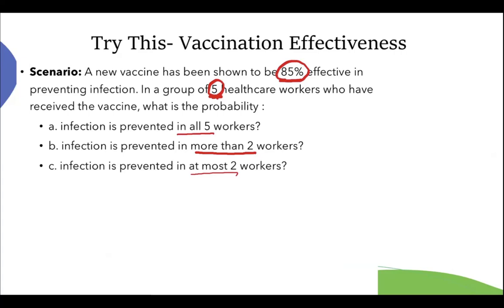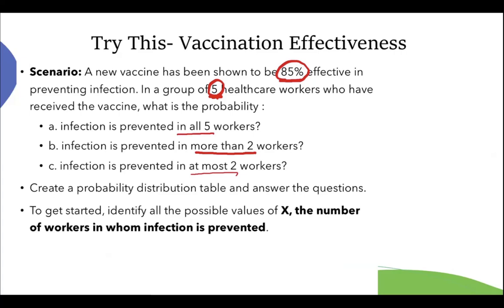First, let's identify all the possible values of x. X represents the number of workers in whom infection is prevented. Given the way the problem is phrased, you can read that in each of these parts: in all 5, in more than 2, and at most 2.